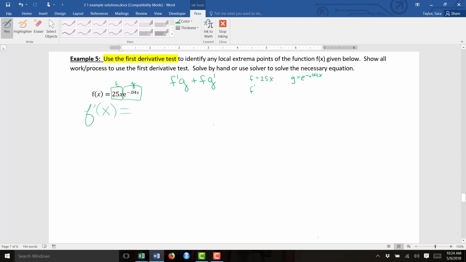So little f prime is just 25, and little g prime is e to the negative 0.04x times the derivative of that inner function, so times negative 0.04. Putting it all together with the product rule, f prime g plus f g prime.